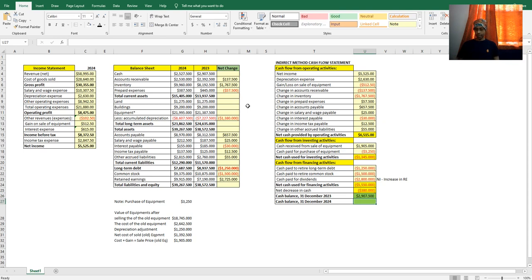We adjust it for 380. So 2907 minus 380. The value is 2527.5. This is exactly the value mentioned here, right? So again, we have derived the indirect method of cash flow statement from the income statement and balance sheet.